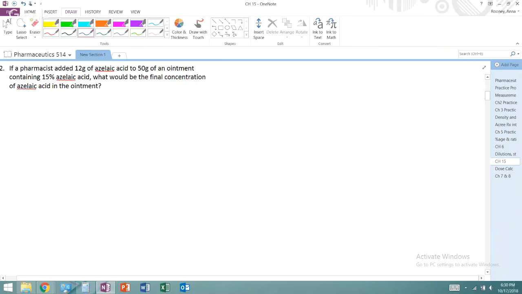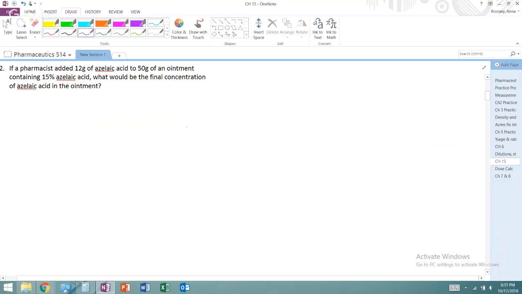All right, if a pharmacist added 12 grams of azelaic acid to 50 grams of an ointment containing 15% of this acid, what would be the final concentration of the acid in the ointment?